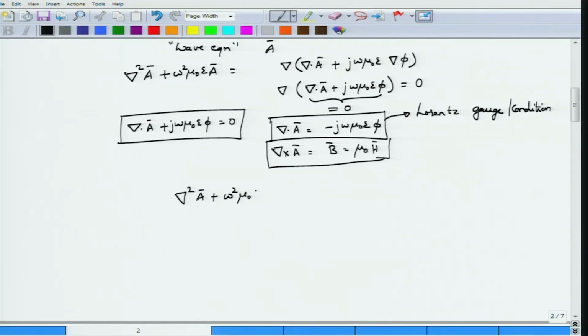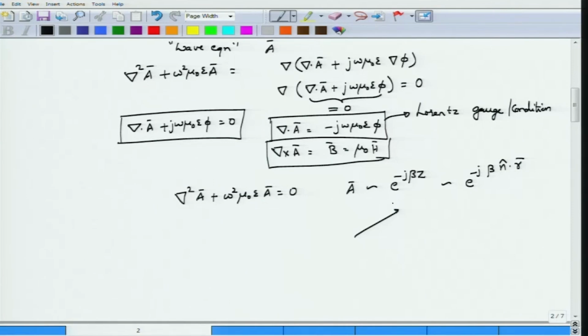So I have del square A plus omega square mu epsilon A is equal to 0. Well, this is very interesting because I can solve this A. I know that A must now be in the form of e power minus j beta z, assuming that the wave is waving along z. In case it is waving in any arbitrary direction, then this would be e to the power minus j beta n hat dot r, where n hat will be the direction of beta.